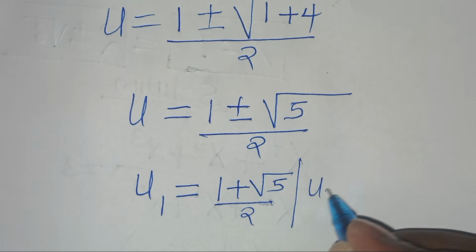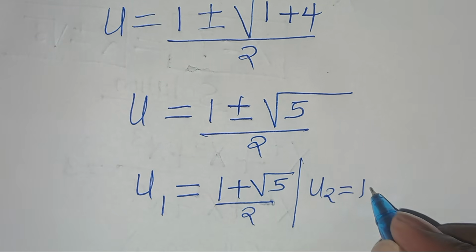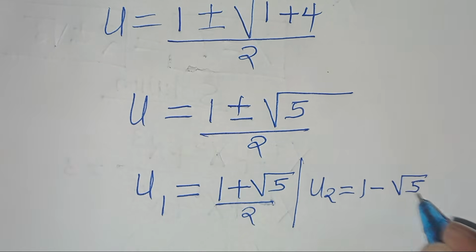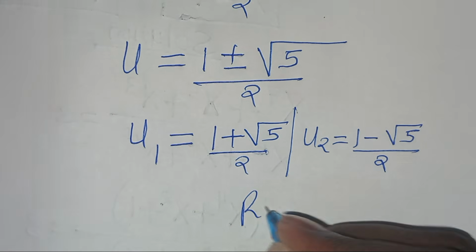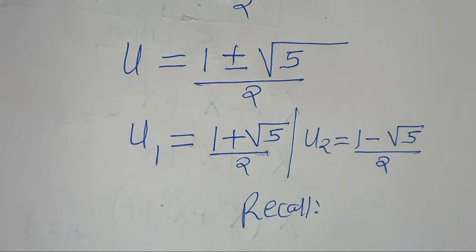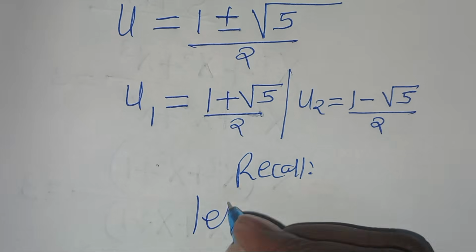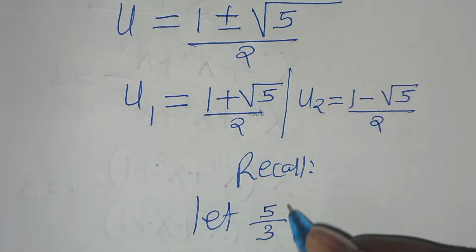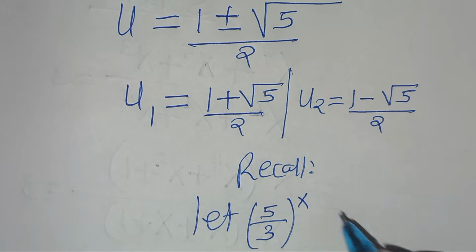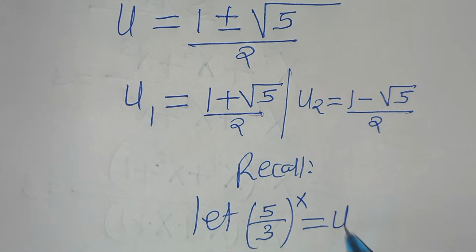Then we have u2, which is equal to (1 − √5)/2. Now, if you recall, we have seen that we let (5/3)^x be equal to u.